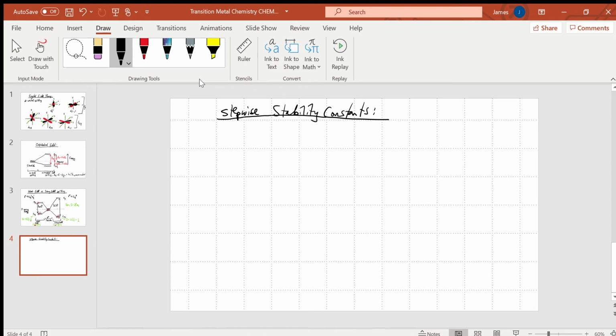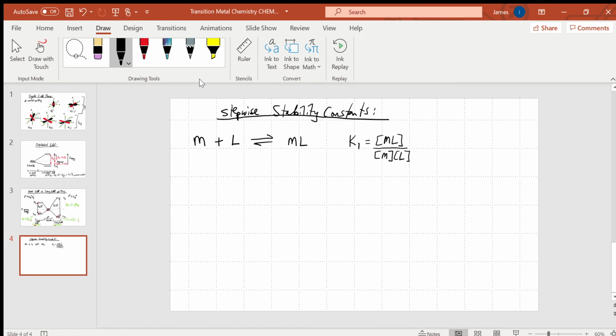Okay, so if we have a metal and it adds one ligand, let's say it's an equilibrium, that could give us the metal and the ligand as a complex. Well, that would have an equilibrium constant, let's say the first equilibrium constant, of a dilute solution, so we'll use concentration. The concentration of the product over the product of the concentration of each ingredient.